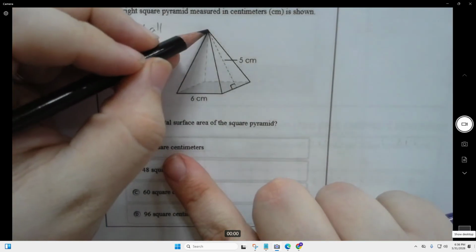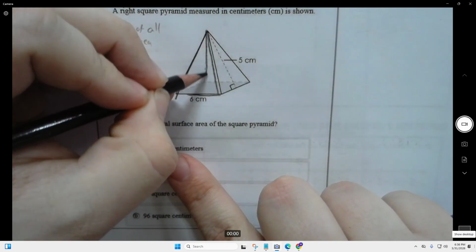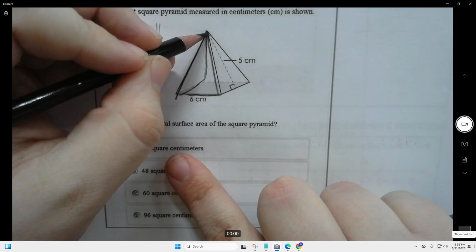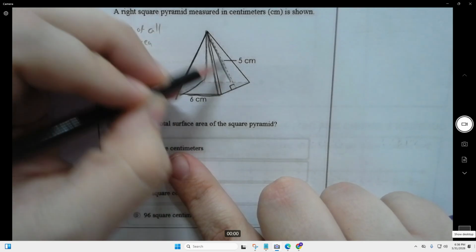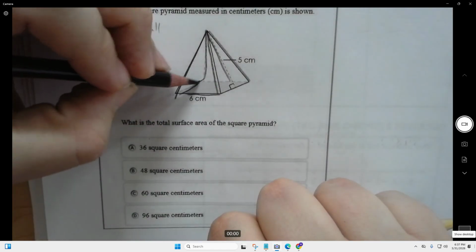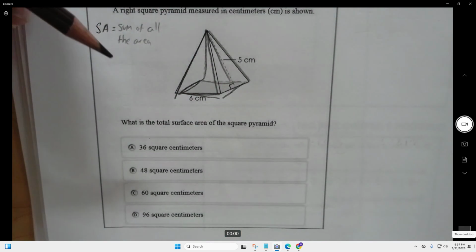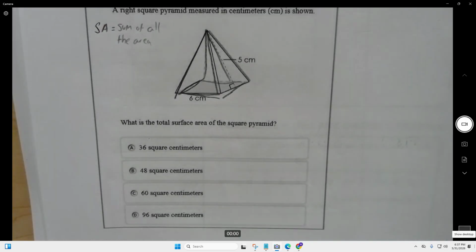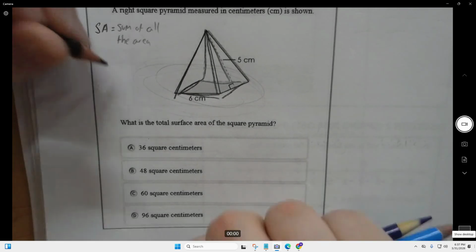We have one triangle here, one triangle here, a triangle here, a triangle here. So there are 4 faces, one triangle for each side of this square pyramid. How many faces there are is equal to how many sides there are in the base. So we have 4 triangles.